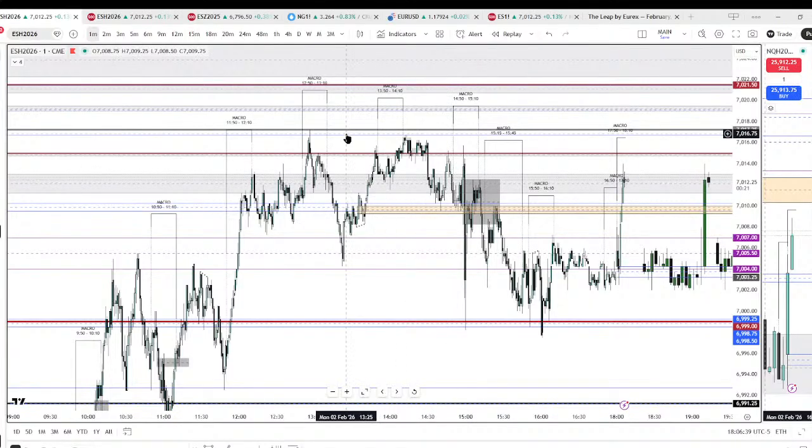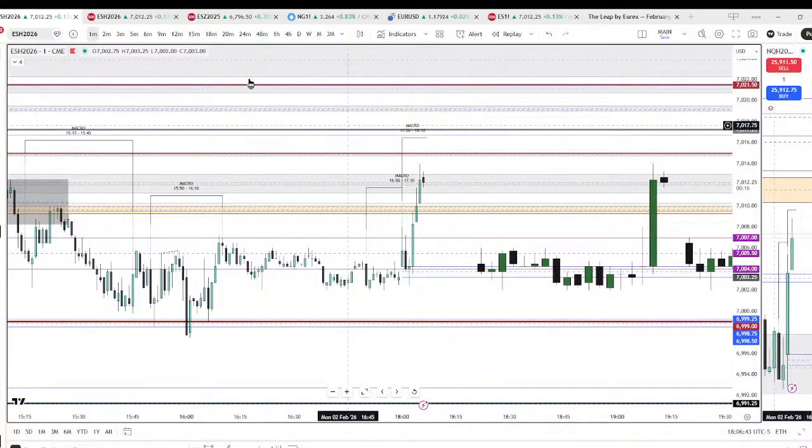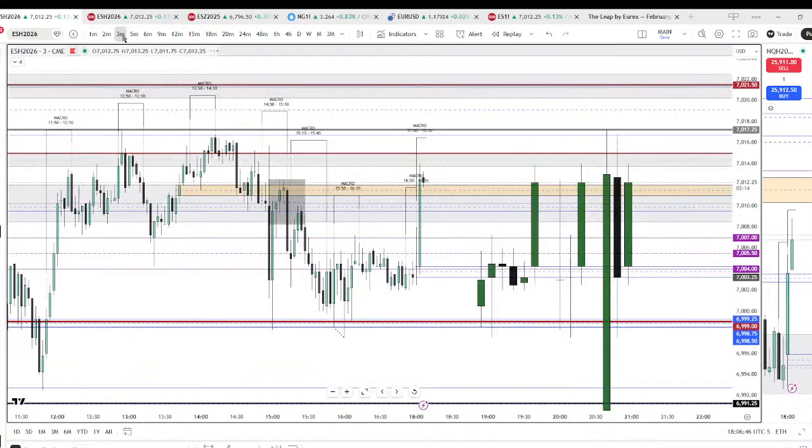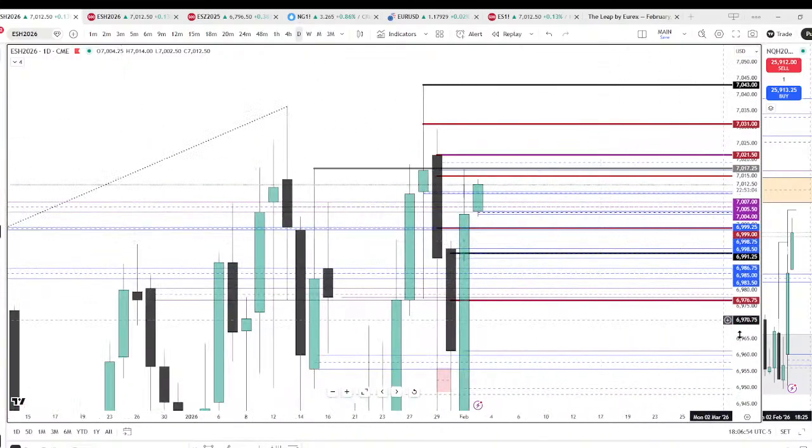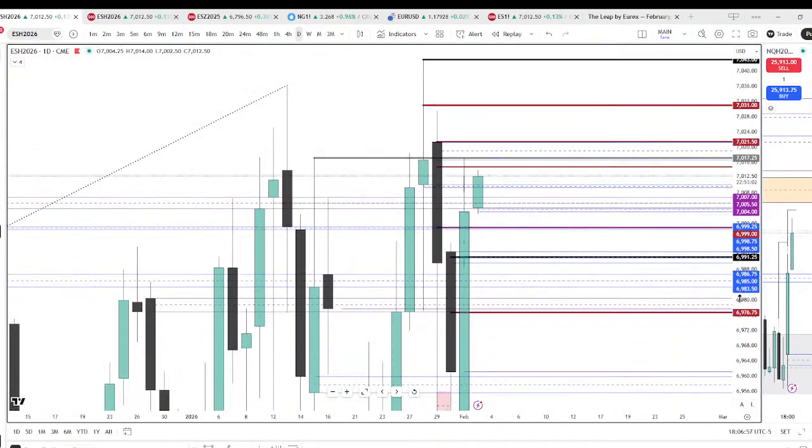We have these somewhat relative equal highs here. So that's what we could be looking for. And we have yesterday's or today's session highs and lows.